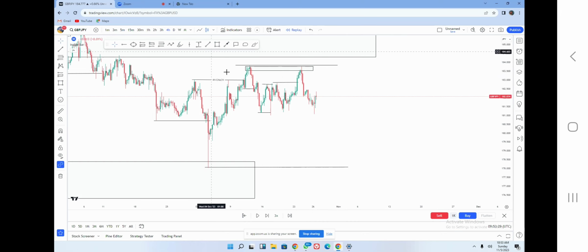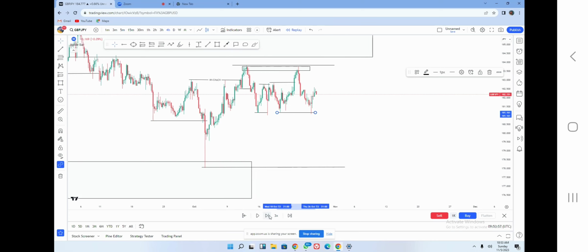And if you look at it clearly, we have a change of character right here because the market moved up, broke this area and came down, broke this one. So this is a minor change of character, so this market has already switched bullish. And he took out this low because he has failed to do his job. So that is why we expect this.